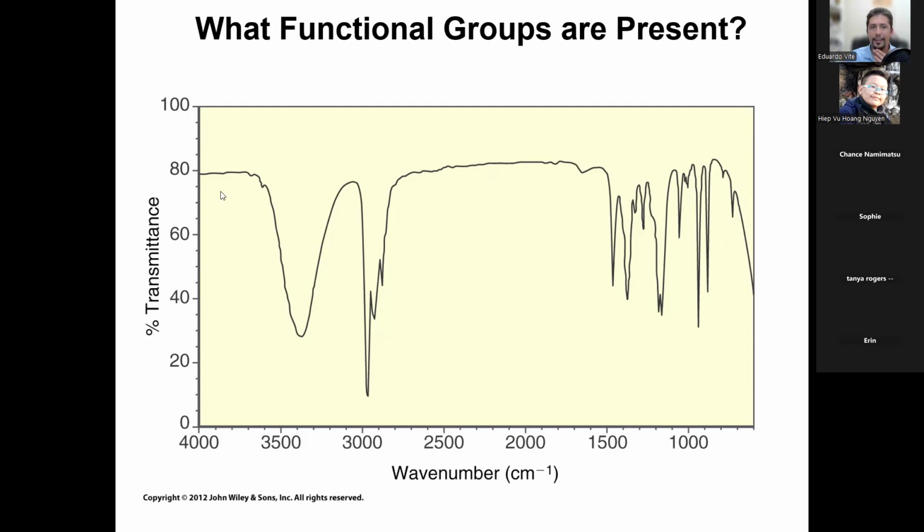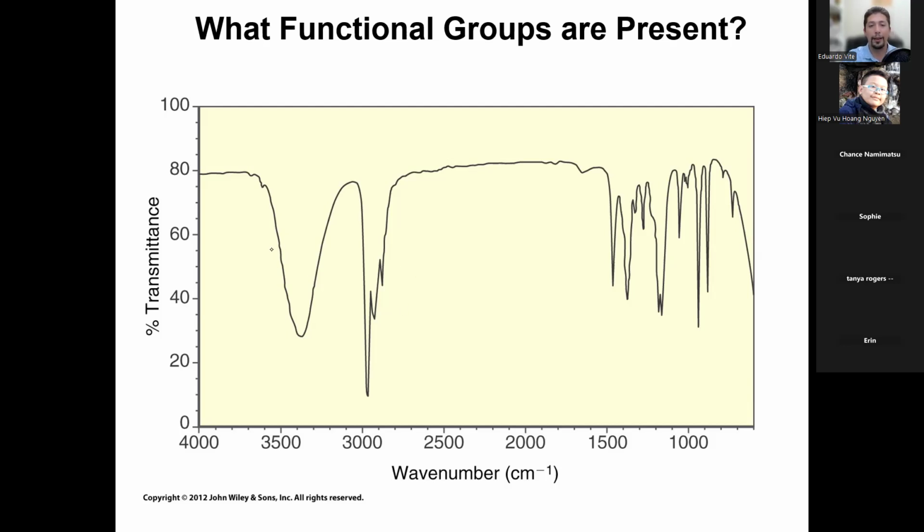Secondary amine? Well, the secondary amine signal would be weak, right? And right there, the transmittance is 30. That means that it's a very strong signal. It's getting heavily absorbed. So based on the intensity, we can rule out a secondary amine. So what else could it be? An OH stretch. That's right. This is an OH stretch.